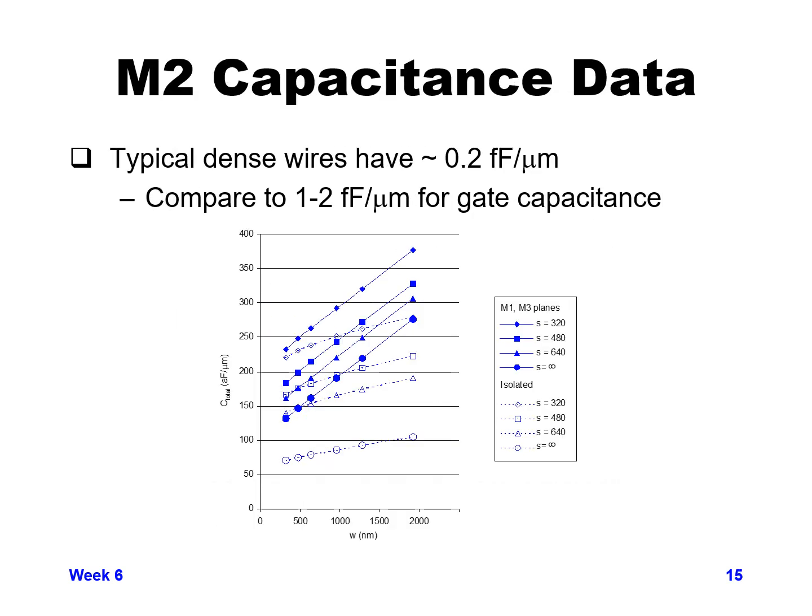So just a quick note here about giving you an idea of capacitance ratios. For metal 2, typically if you have dense wires in metal 2, you might have a capacitance, at least for the process technology we're talking about here, of approximately 0.2 femtofarads per micron, which can compare, if you're looking at gate capacitance in this same process, to 1 to 2 femtofarads per micron for gate capacitance.